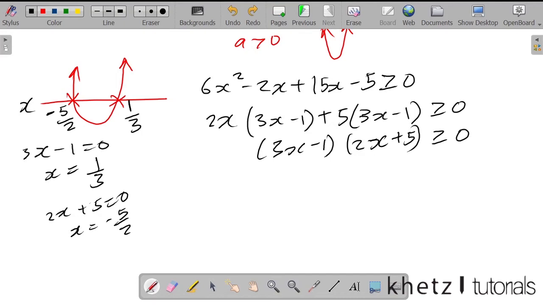Now that you know where the graph crosses the x-axis, you can answer the question. This question is asking us for values of x where the function itself is above 0. So it's asking you for the parts where the function is above the x-axis.